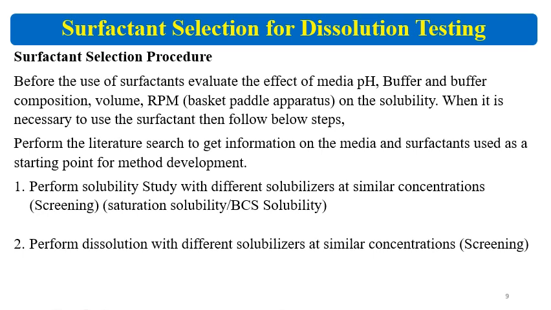If any of these parameters can improve the solubility and give reliable dissolution results, then surfactants are not required. Like if you are getting good dissolution results by increasing the paddle apparatus RPM from 50 to 75, then surfactants should not be used.